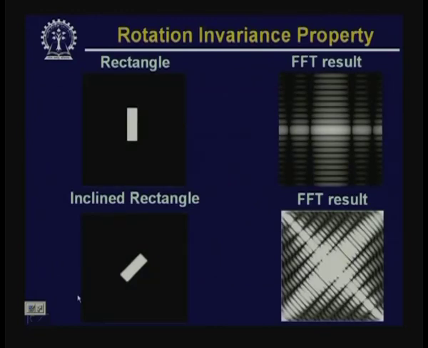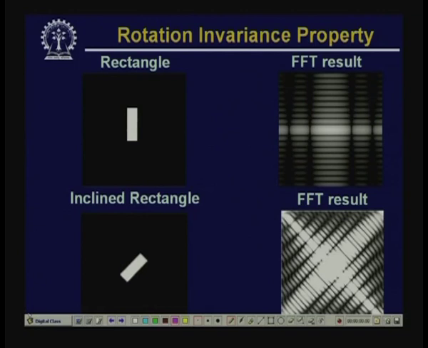Here we had a rectangle, an image where we have pixel values equal to 1 within a rectangle, and outside this the pixel values are equal to 0. And the corresponding Fourier transformation is this.